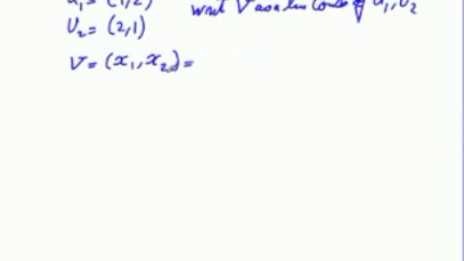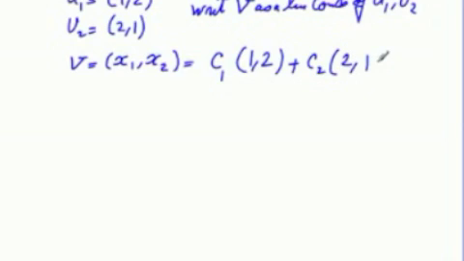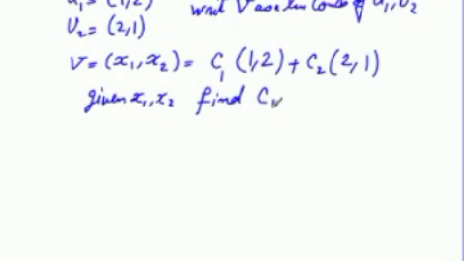That is, this vector is given to me. I'm asking how many of these things should I pick. So out of vector U1, tell me how many of that I need. Tell me how many of this one I need. So given x1, x2, find c1, c2 if they exist.